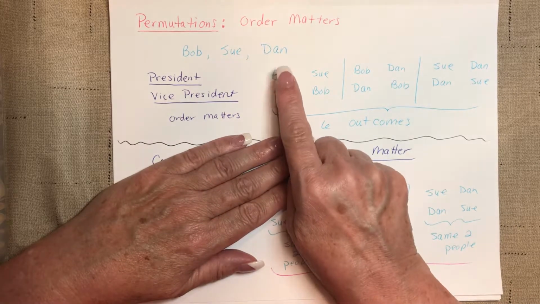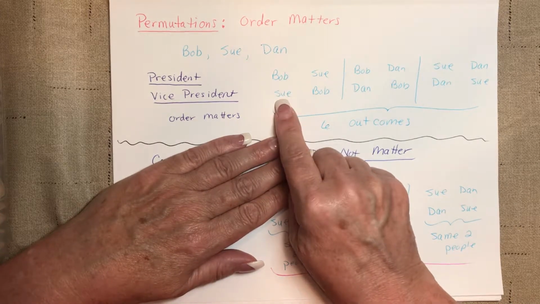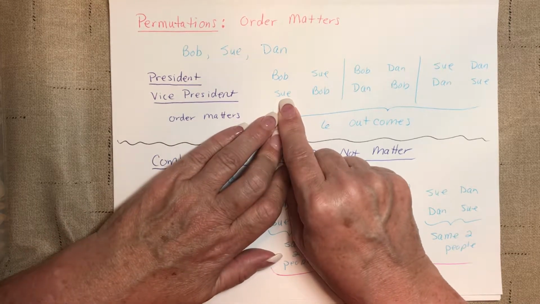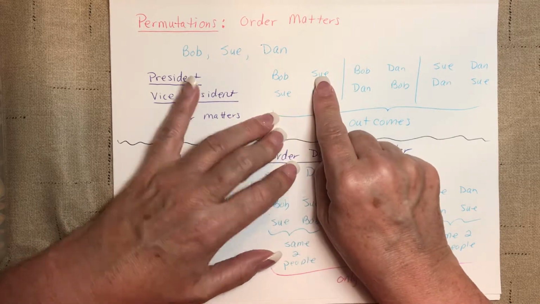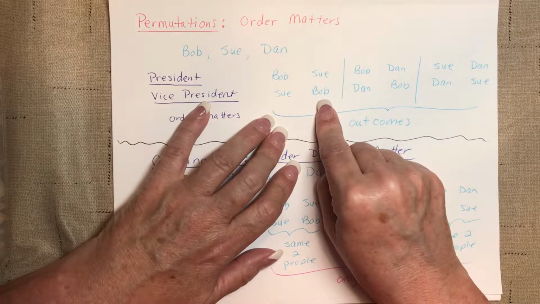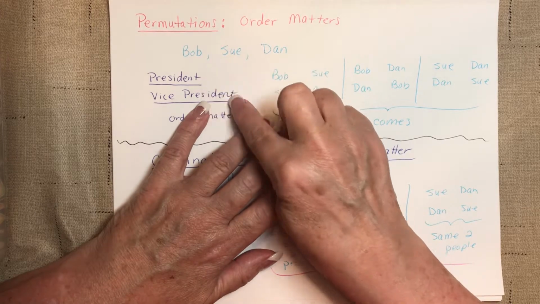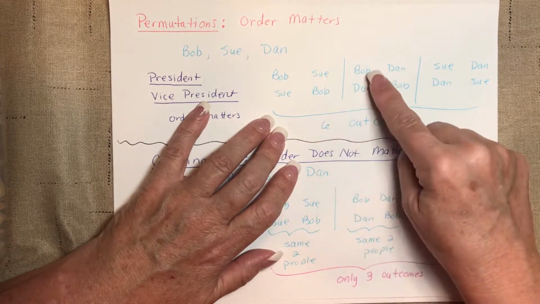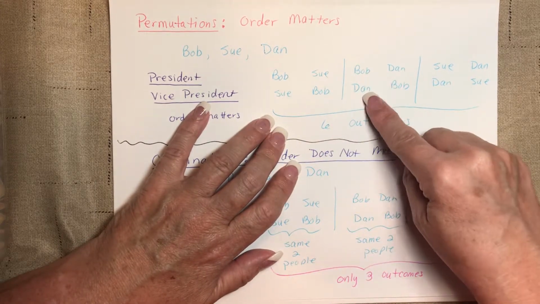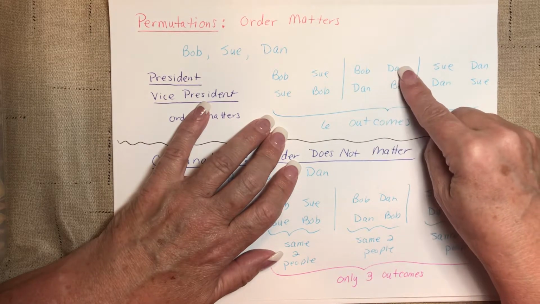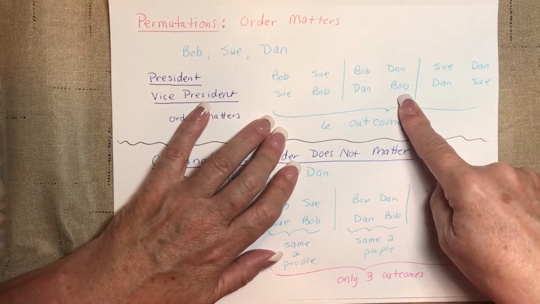You can have Bob as president and Sue as vice president. That's one situation. Or you can switch the two. Sue can be president and Bob can be vice president. That's a different outcome because they're holding 2 different positions. Then I could do Bob as president and Dan as vice president, or Dan is president and Bob is vice president.